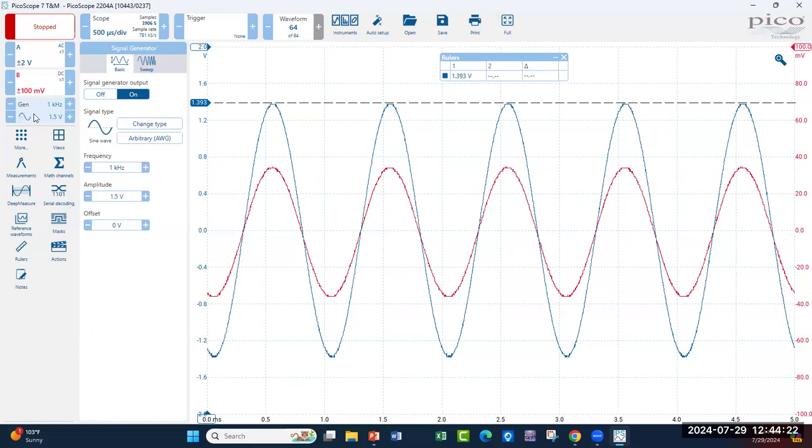My generator shows over here I've got 1.5 volt peak coming out, but at the scope lead on the board, because this is a loaded circuit now, I am not seeing close to the 1.50. This is that loading effect I said could occur.